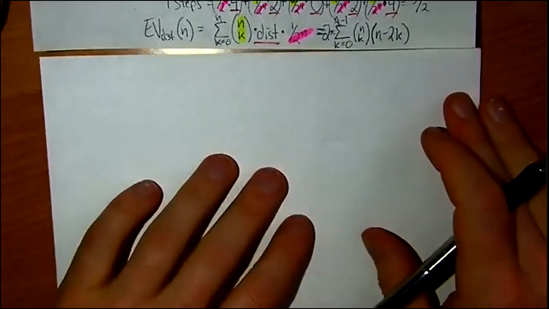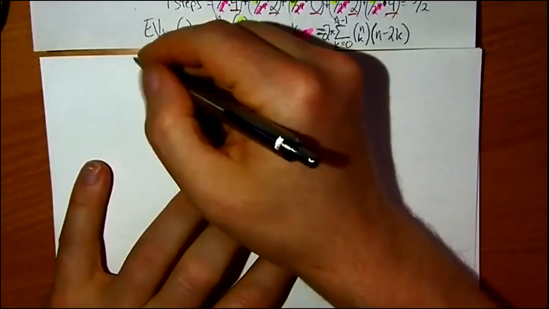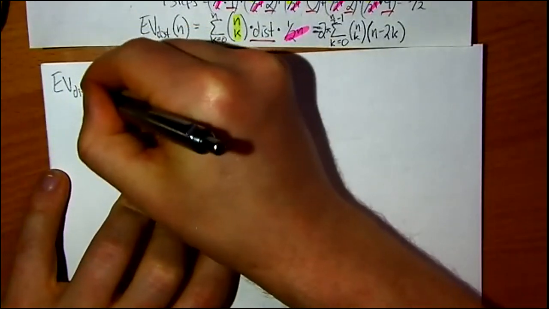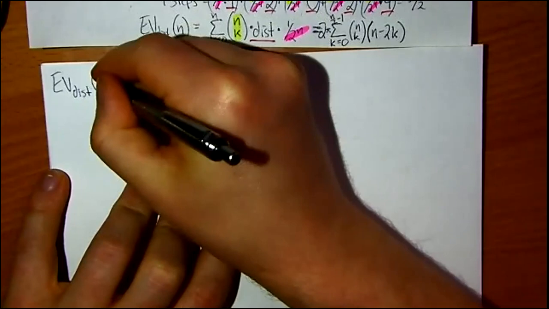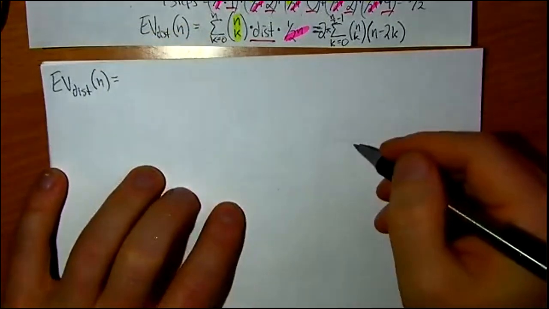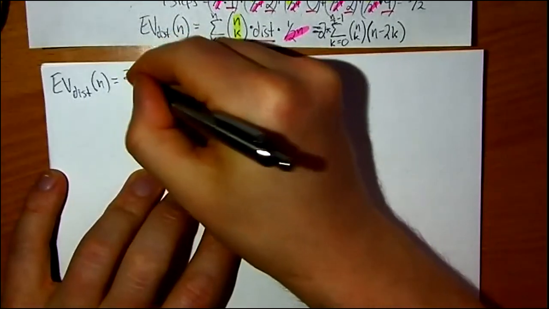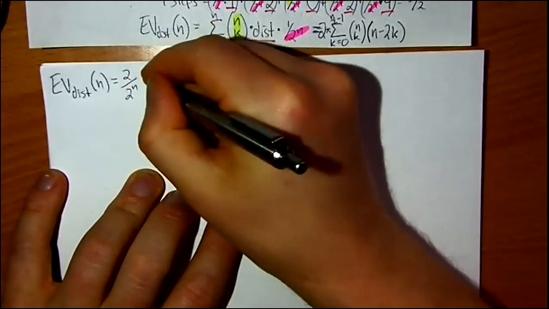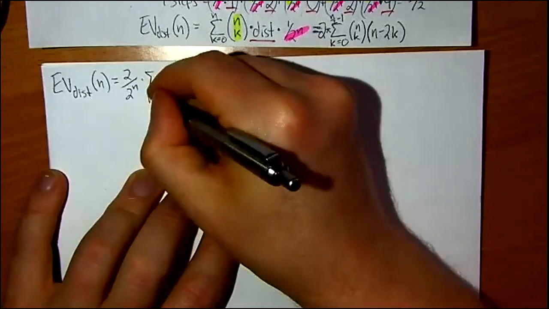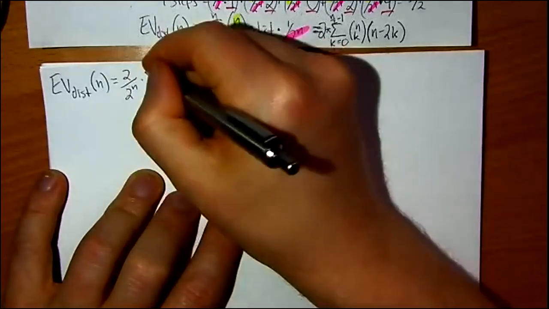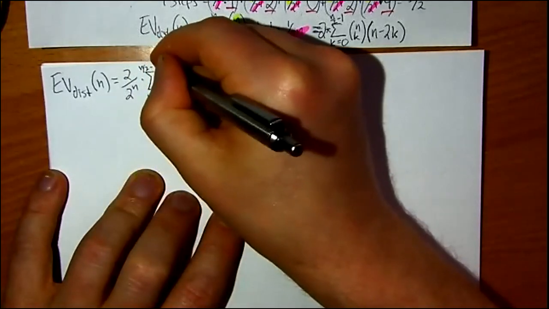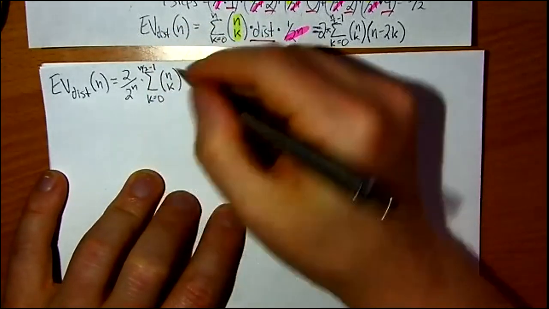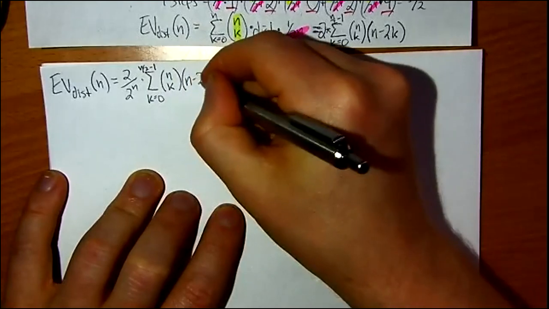What I've ended up with here is my expected value of my distance, n steps away, is going to be 2 over 2 to the n times the summation from k equals 0 to n over 2 minus 1 of n choose k times n minus 2k.